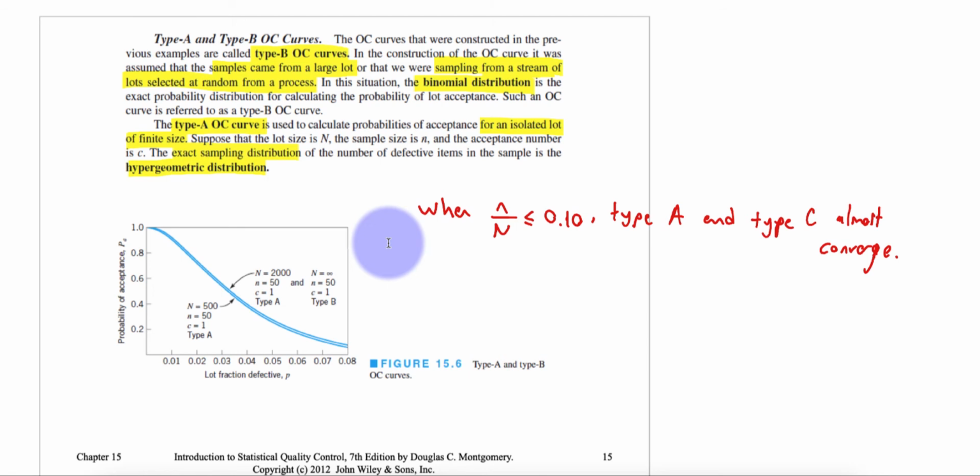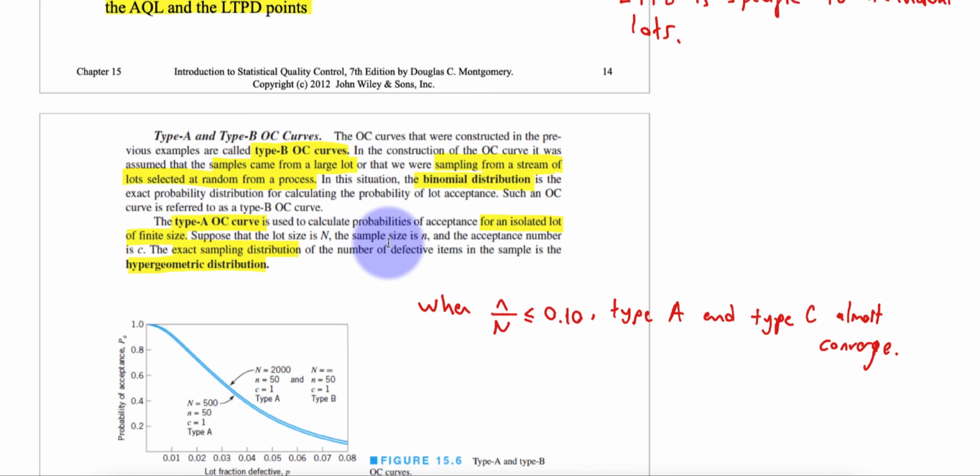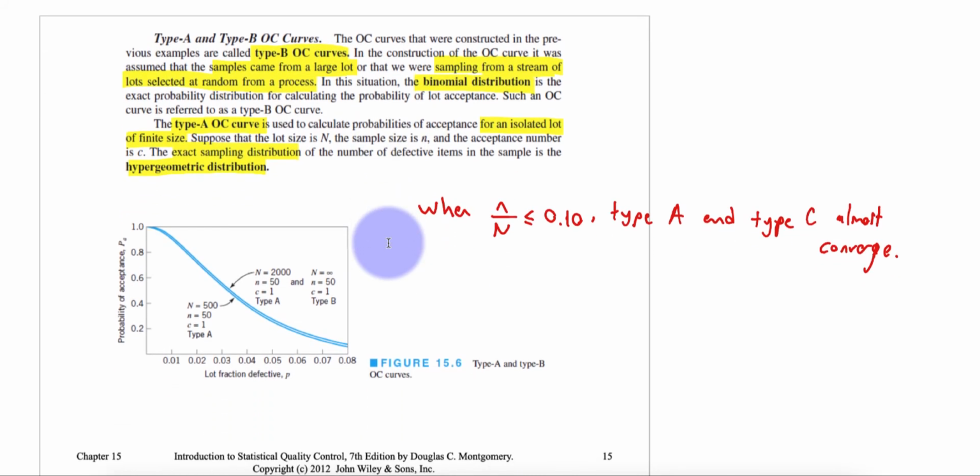Individual lots. And when we think about the individual lots, we need to use the hypergeometric distribution, because of the without replacement condition. So we need to use the hypergeometric distribution if we are considering the individual lots. So LTPD can be specified only on the type A OC curves.